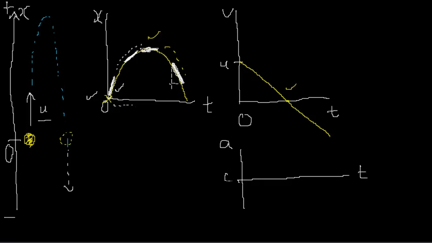That's the 0. Now recall that we have seen earlier that the acceleration is equal to the gradient of v. So if we look at the gradient of the velocity time graph, acceleration is the gradient of the velocity time graph.